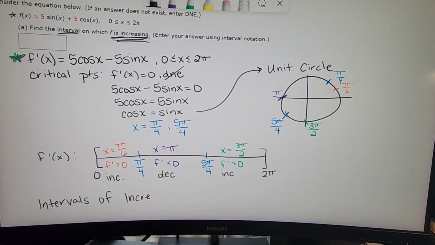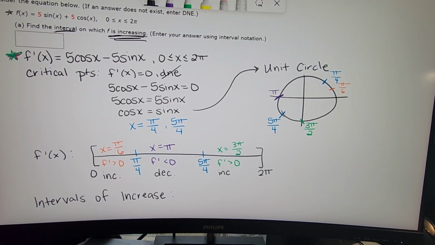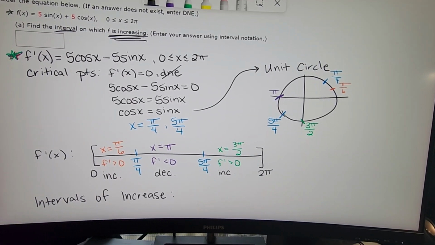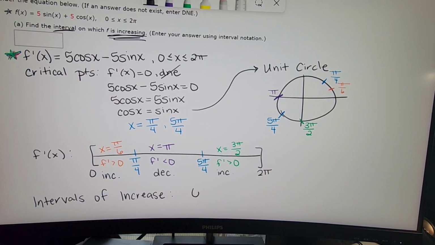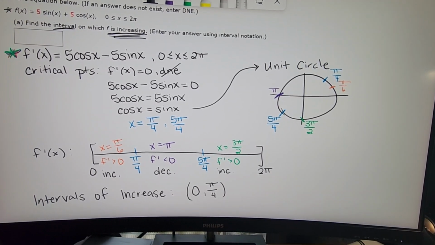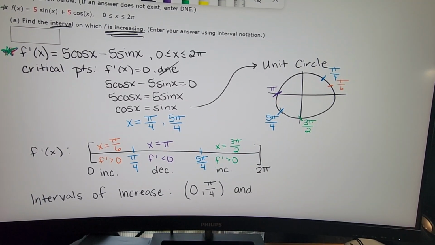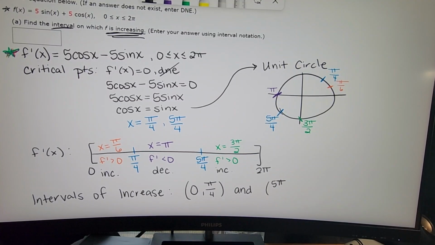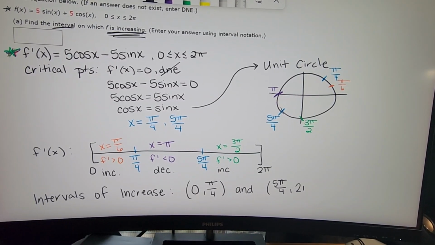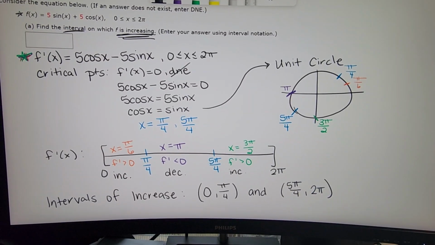So the intervals where the function is increasing and has a positive derivative are going to be between 0 and pi fourths and 5 pi fourths to 2 pi. And that's it.